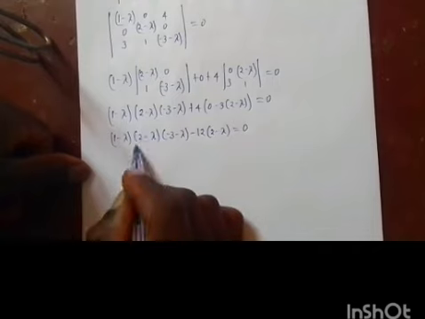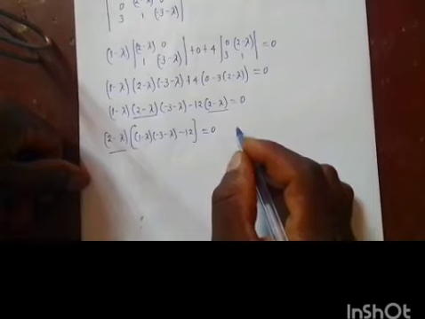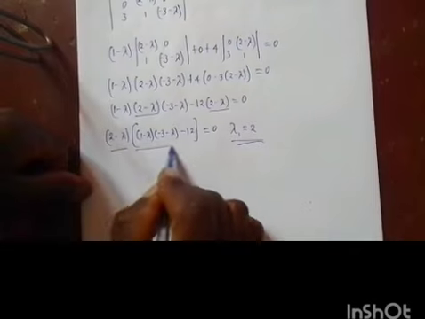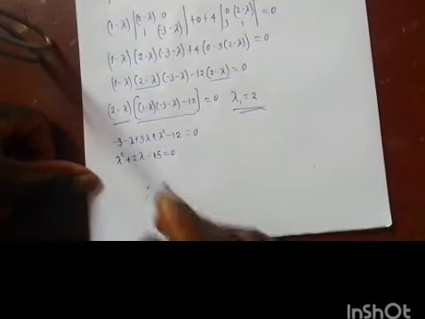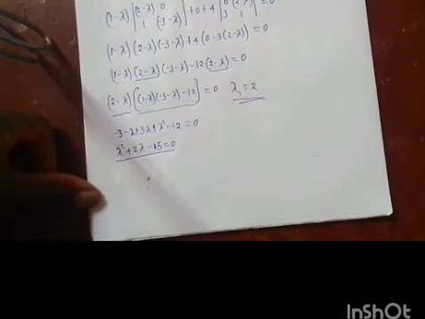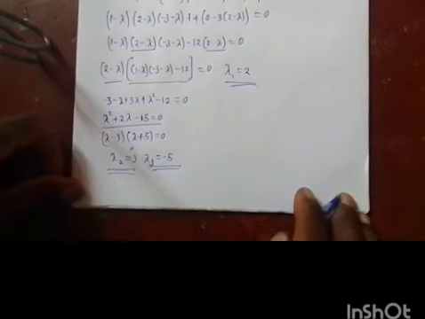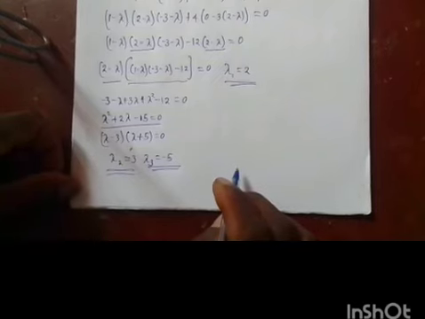By factorizing 2 minus lambda, we have, so by this we obtain our first eigenvalue as 2, and so we open this bracket. By factorizing this quadratic equation, we obtain our values as, so we are going to substitute these values in our equation to obtain the eigenvectors.